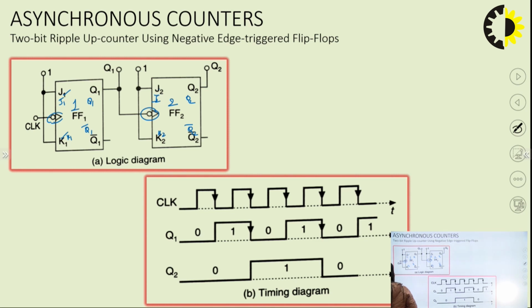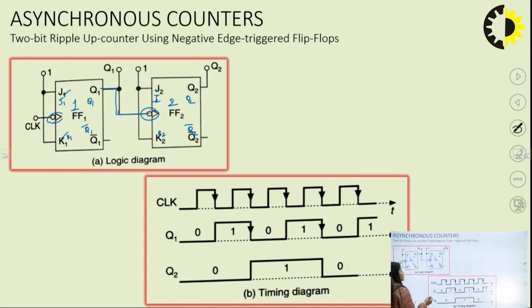Okay. For up counting, we have connected this Q1 to the clock of the next flip flop. So we have connected this Q1 to the clock pulse of the other flip flop.